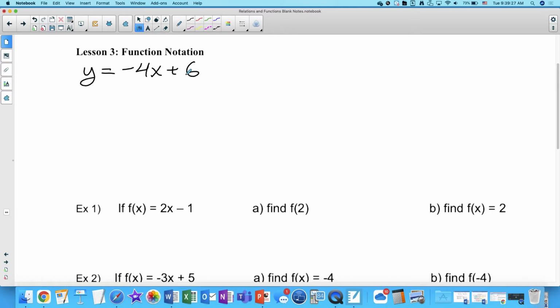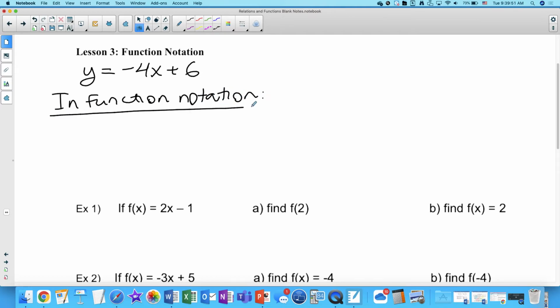Y is equal to negative 4x plus 6. If we were to convert this into function notation, it would look like this. f of x equals negative 4x plus 6.